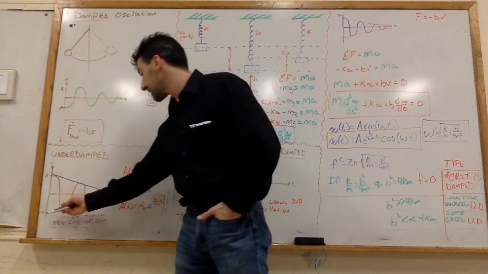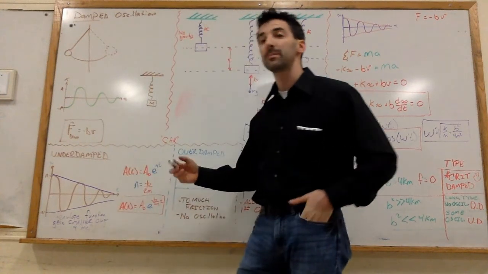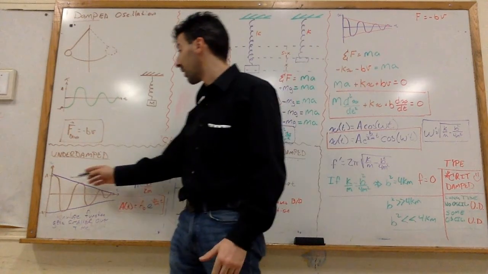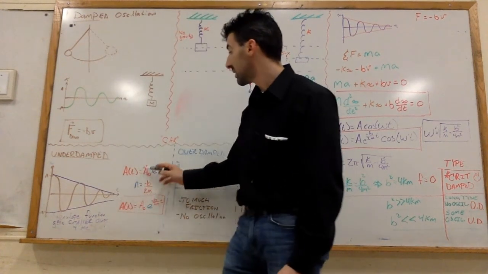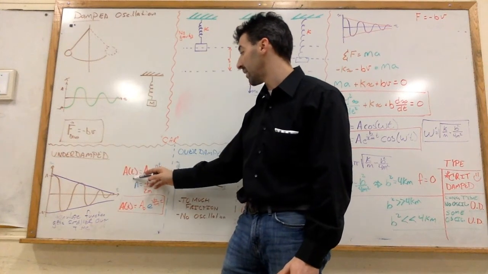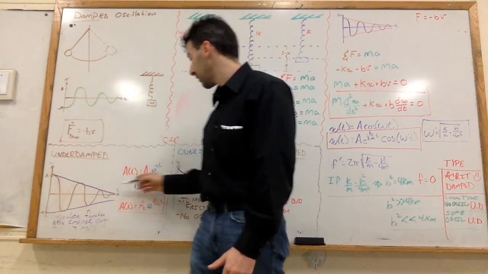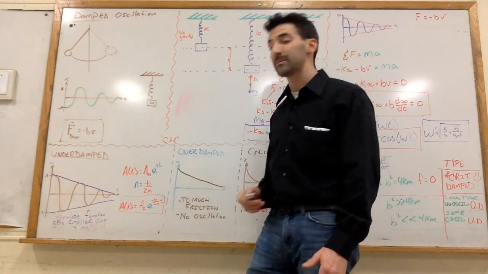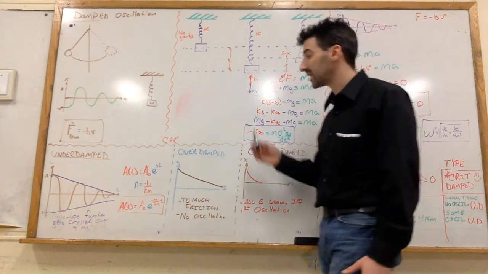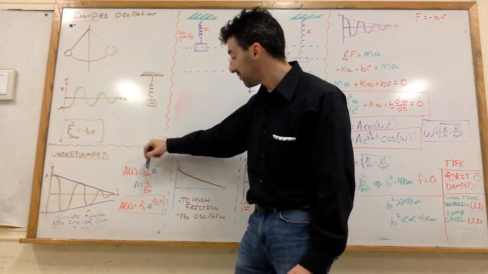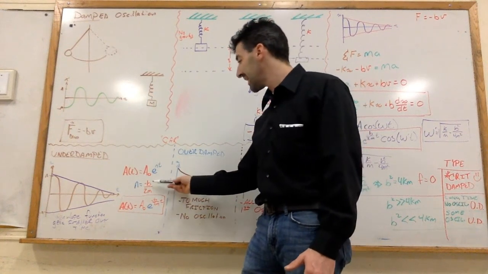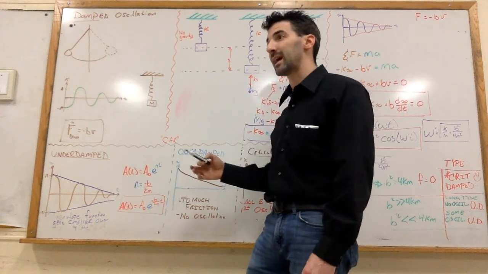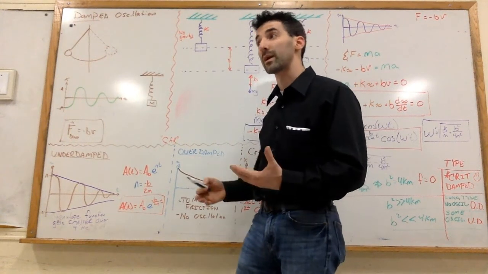We know that things that get smaller as a function of time come out to be this exponential function. So what is that exponential function? Well, we know our amplitude A is getting smaller and smaller. So my amplitude A with respect to t is A naught, whatever my initial position was, times e to some n times t. Now, n is something very specific here. n for us is negative b over 2m, where that b comes from my damping force, that damping constant, depending on the fluid that we're going through.